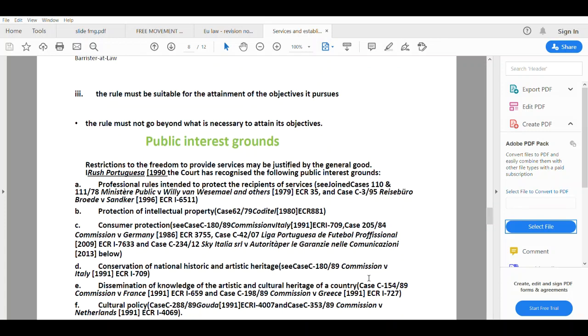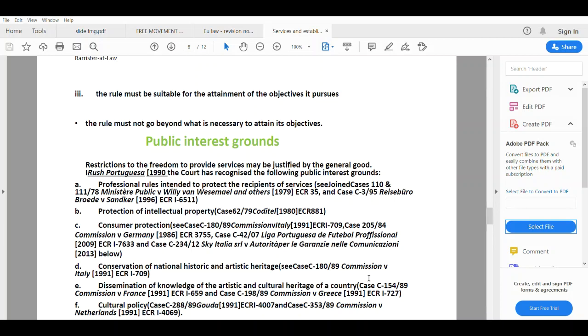Now we'll consider the public interest ground. For this, firstly, you have to establish that there is no harmonizing EU measure. And secondly, you need to establish one of the imperative requirements in the public interest to rely on. And then you have to establish that it was proportionate. For determining proportionality, two things must be considered.